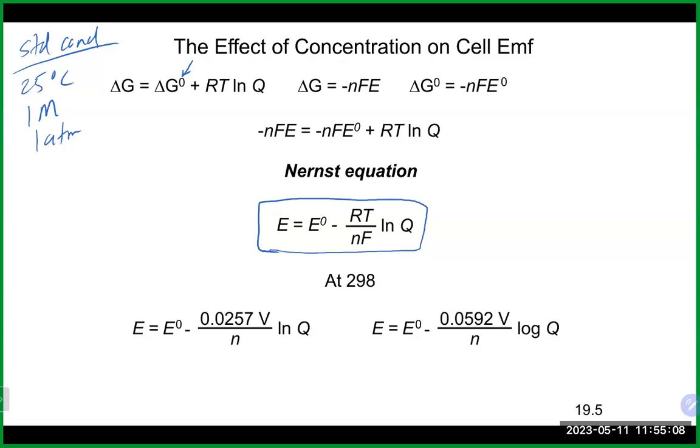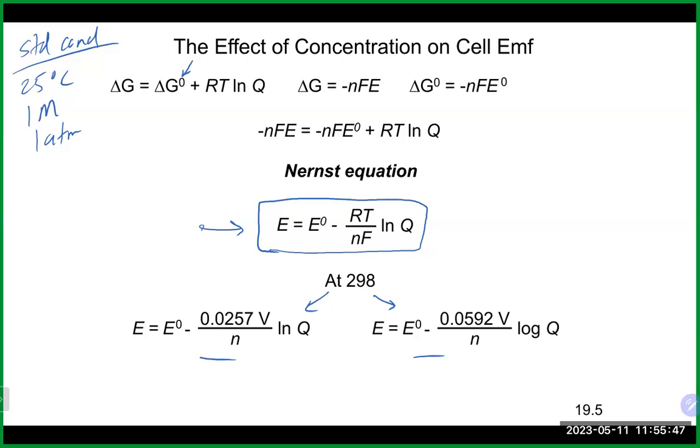The Nernst equation is E equals E naught minus RT over nF natural log of Q. If you're at 25 degrees Celsius, you can reduce this down to 0.0257 volts over n times natural log of Q, or if you want base 10 log, 0.0592. You don't necessarily have to worry about these two equations. You could just put all the numbers into this equation and it'll all come out the same.